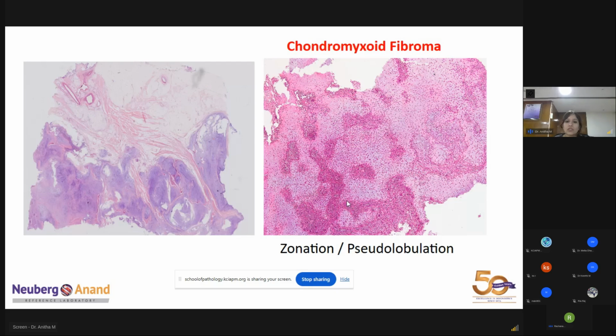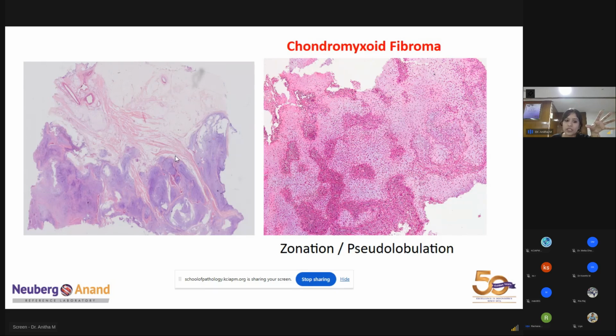Coming to the differentials, the majority had diagnosed this case as chondromyxoid fibroma. What is characteristic of chondromyxoid fibroma is the zonation pattern. You did describe hypocellular and hypercellular areas, but Dr. Rachna, what was not seen is the zonation pattern.